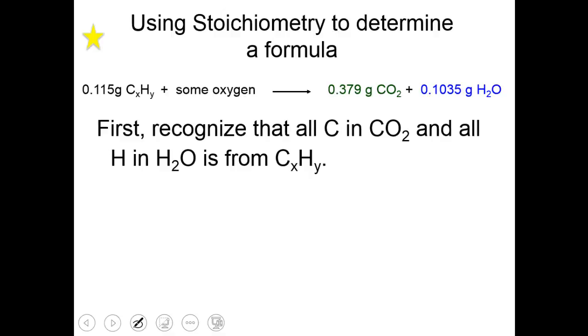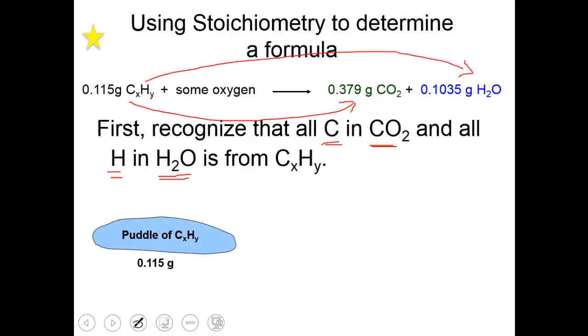First of all, the carbon that makes up the CO2 in our product comes from the hydrocarbon, and all of the hydrogen's mass found in the water also comes from our hydrocarbon. So let's say we have 0.115 grams of this hydrocarbon, whatever it is.